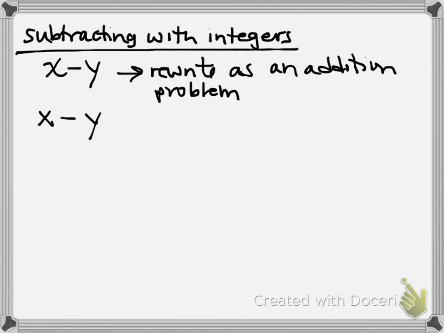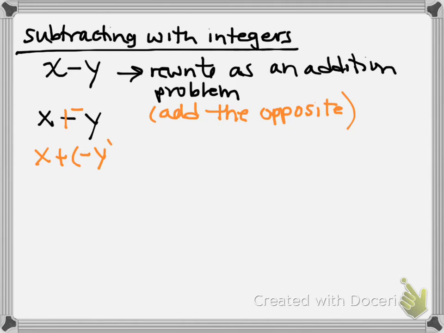I think you guys told me it was add a line, change the sign. Okay? So we add the opposite. So that's the change the sign, or add the line to make it add, and then add the opposite, and opposite is add a line. Okay? So this problem now is really x plus -y.